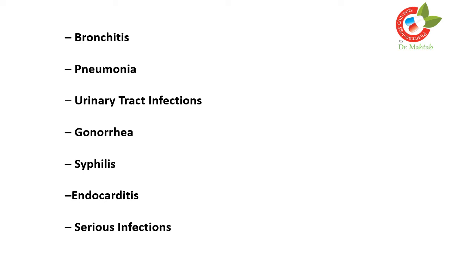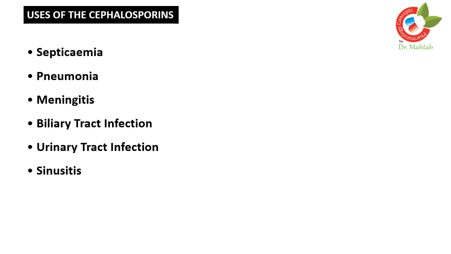Endocarditis is an infection of the endocardium, which is the inner lining of your heart chambers and heart valves. In case of serious infections with Pseudomonas aeruginosa, ticarcillin and piperacillin are recommended.